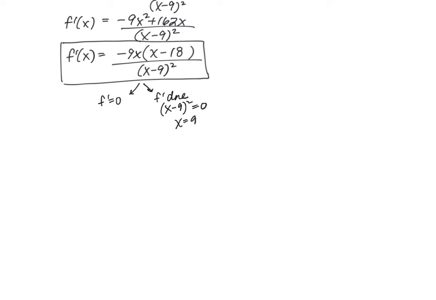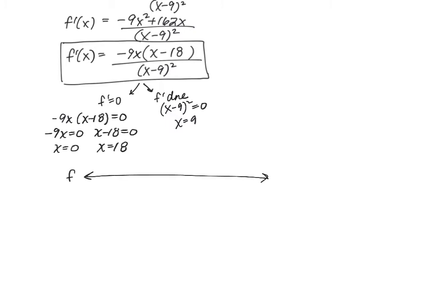Now technically that's not a critical number since it's not in the domain of the original function, but it's still worth noting because we will want to check the sign of the derivative on either side of 9. And then setting the derivative equal to 0 is just a matter of setting the numerator equal to 0. So in doing that, we'll have negative 9x equals 0 and x minus 18 equals 0. So we get these two critical numbers of 0 and positive 18.